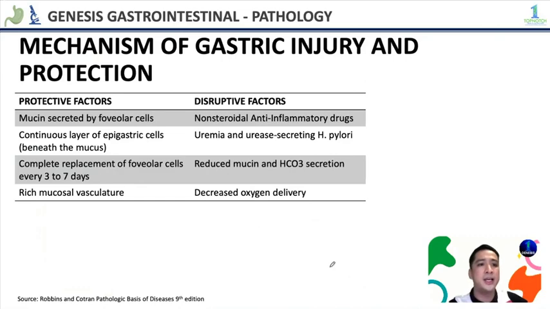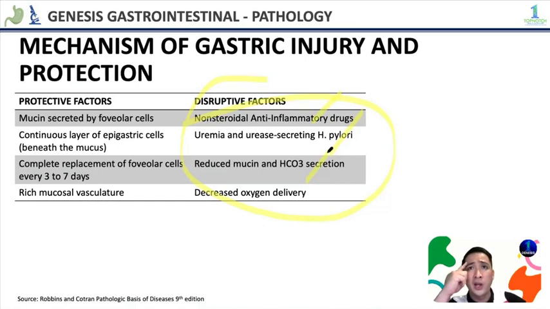Now, let's move on to these different factors. I just wrote mucin secreted by foveolar cells, the continuous layer, and replacement of the foveolar cells and the rich vasculature. Of course, these I mentioned earlier, these are the disruptive factors that can cause injury to the gastric mucosa: NSAIDs, H. pylori, reduced bicarbonate production.